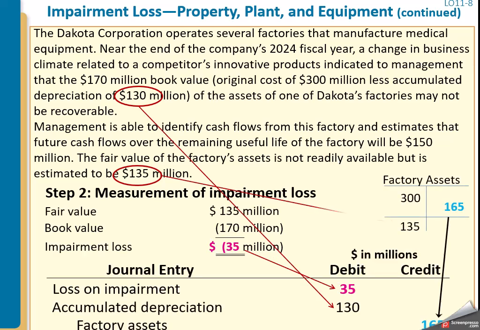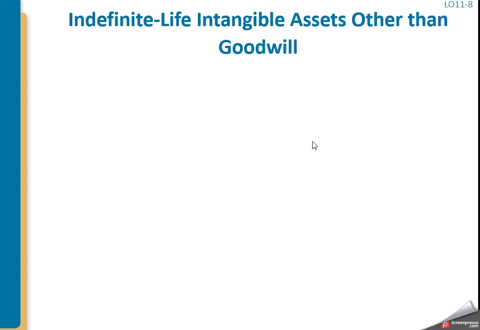And then we take it to the next step to say what would be the fair value of our factory's assets compared to the book value of our factory's assets. And then we would have a $35 million impairment loss to bring those assets down to what they really are based on what we estimate our future cash flows to be.